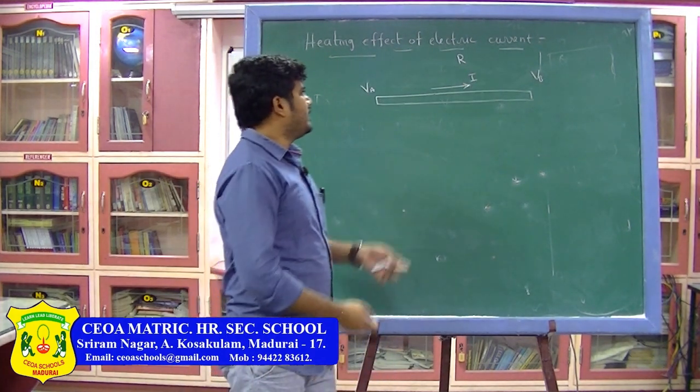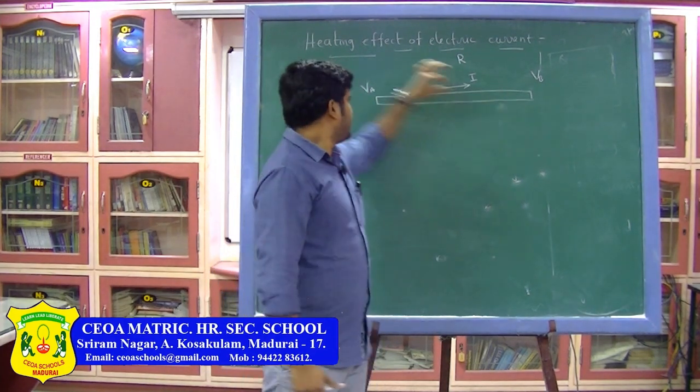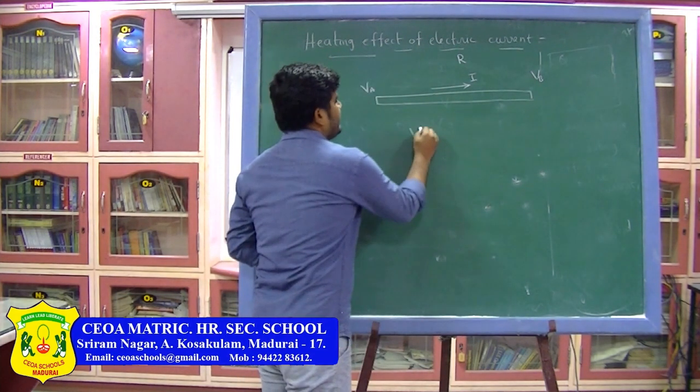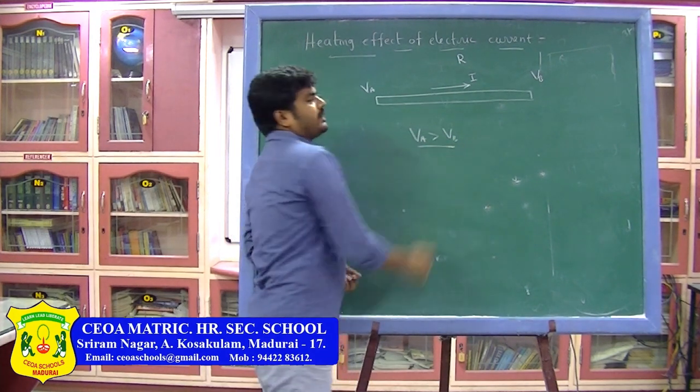Now we know that current always flows from high potential to low potential. So here this is high potential, this is low potential. So directly you can say VA greater than VB. Keep this in mind, VA greater than VB.